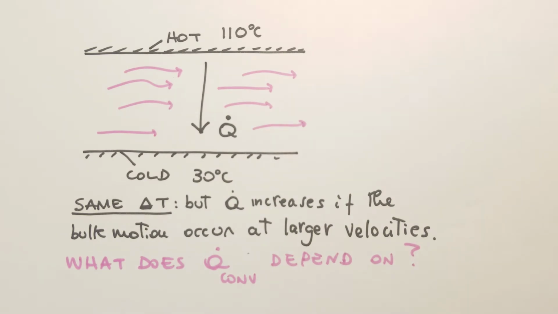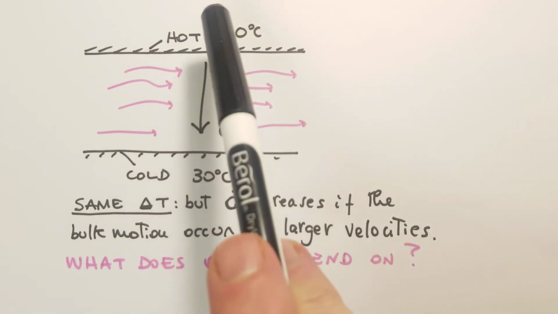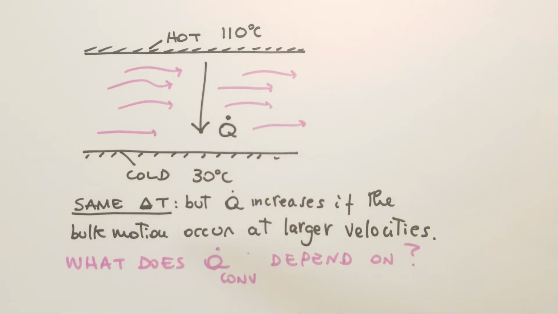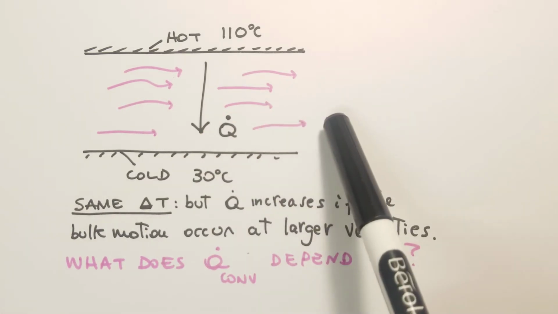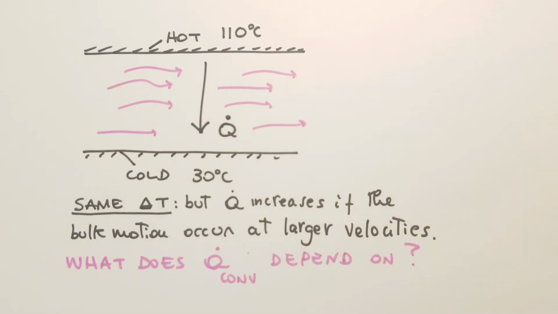Imagine we keep the same delta T, the same jump in temperature from the hot plate to the cold plate, but we vary the velocity. We observe that an increase in the velocity, so an increase in the Reynolds number of the flow between the plates, has the effect of increasing the heat transfer. So the larger the velocity, the larger the heat transfer for the same temperature jump.